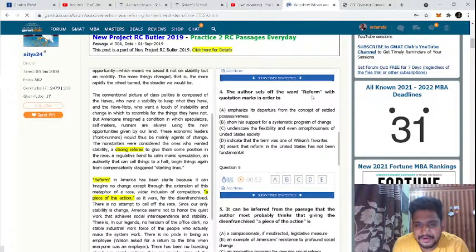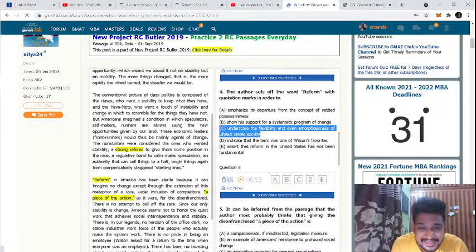The author sets off the word reform with quotation marks. We talked about that, right? Sarcasm. Emphasize the departure of its concept, show his support for a systematic program of change, underscore the flexibility and flexibility. No. He's saying that United States society is very inflexible, not flexible, basically. So ignore this question.